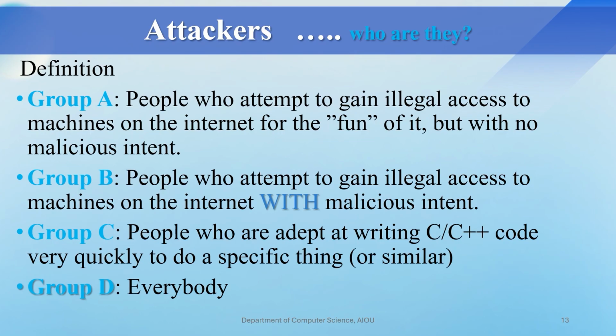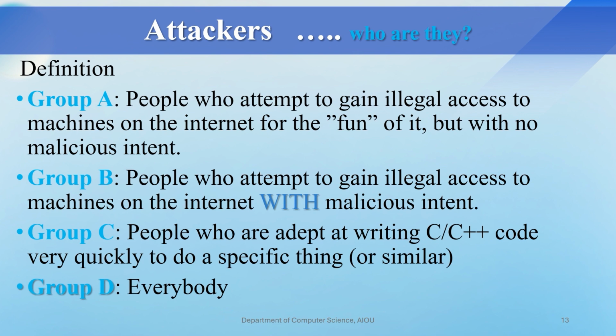Attackers, what are they? The main definitions related to attackers: Group A are people who attempt to gain illegal access to machines, computer systems, any communication system or the internet for the fun of it, but with no malicious intent.